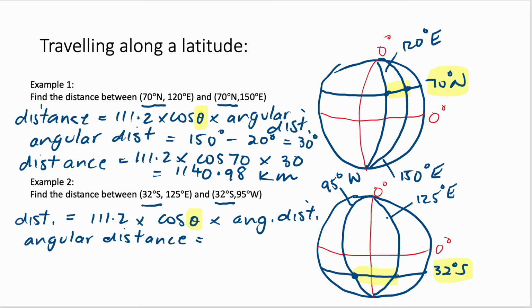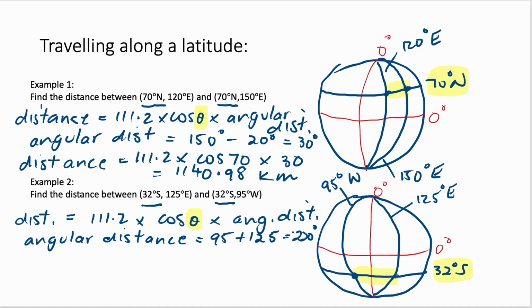For the angular distance, we're traveling from east to west, so we have to add those. 95 plus 125 is equal to 220 degrees. Remember that traveling all the way around the Earth would be an angular distance of 360 degrees. When we've gone more than 180 degrees, we've gone more than halfway round, so it would be a shorter distance to go the other side of the Earth.